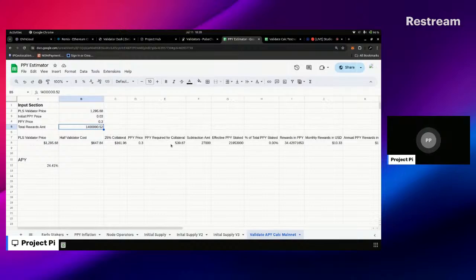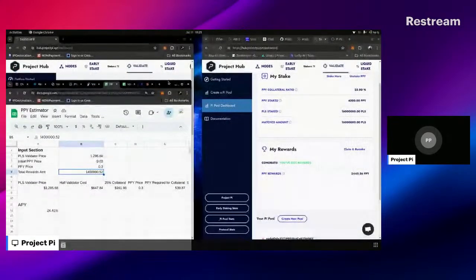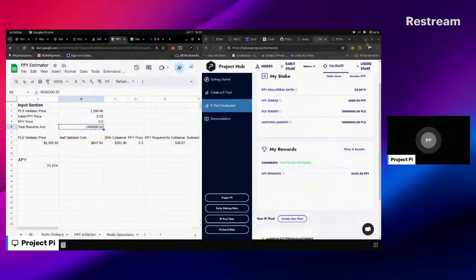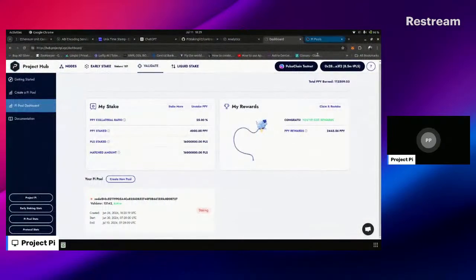We still want the validators to have a very attractive amount of APY, because running nodes is not an easy task. I can go over some more numbers because I've been utilizing the protocol more.